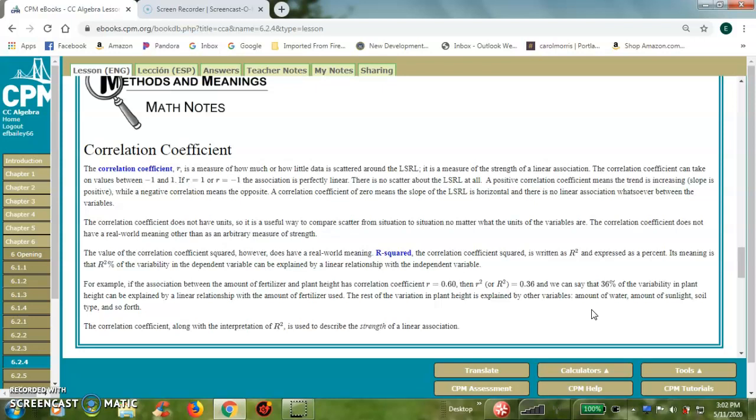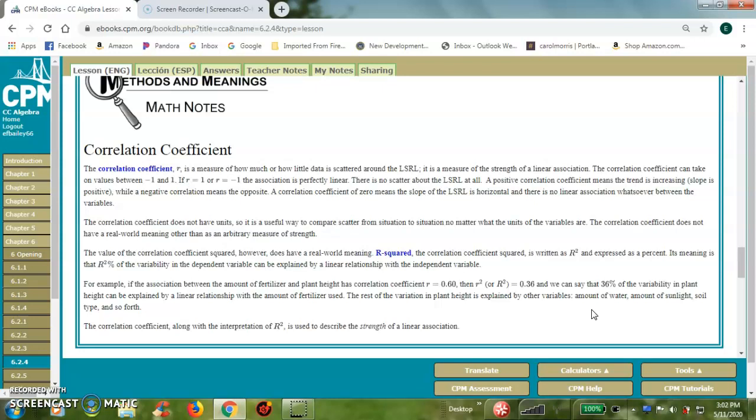A correlation coefficient of 0 means the slope of the LSRL is horizontal and there's no linear association whatsoever between the variables. Correlation coefficient does not have units, so it's a useful way to compare scatter from situation to situation, no matter what the units of the variables are.